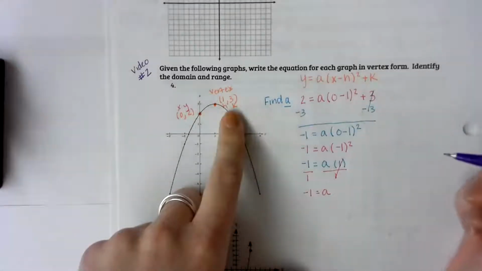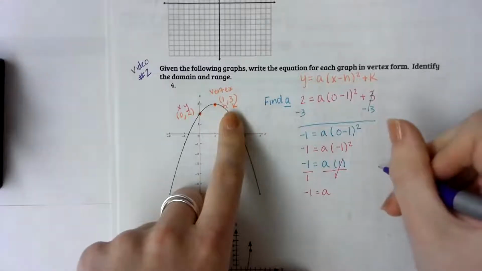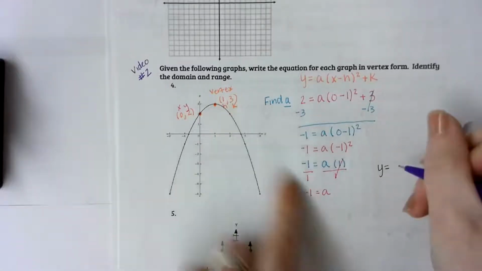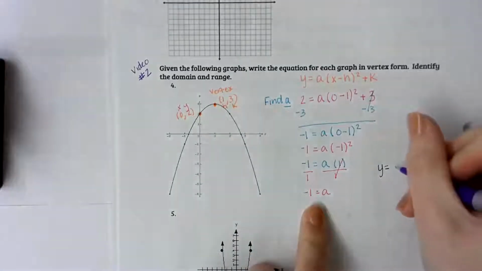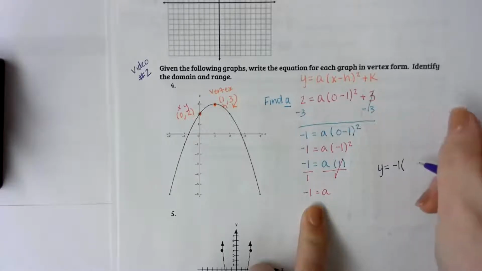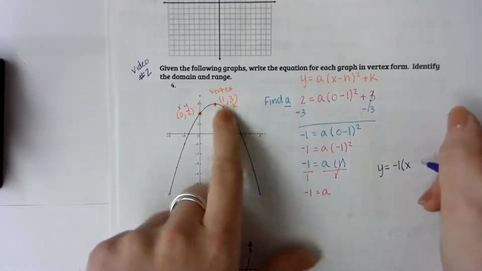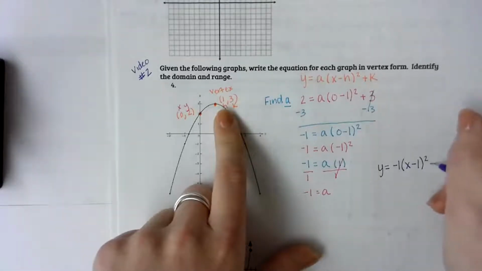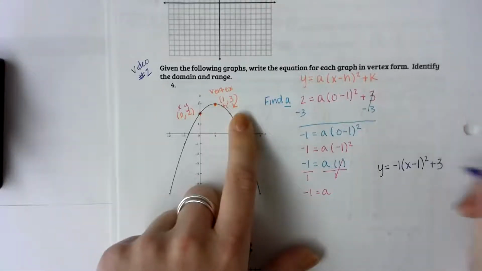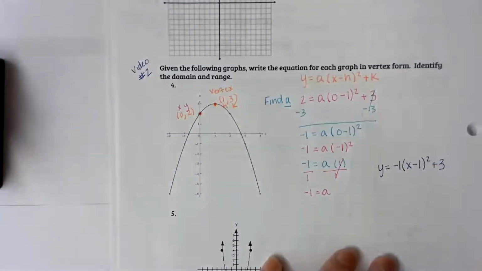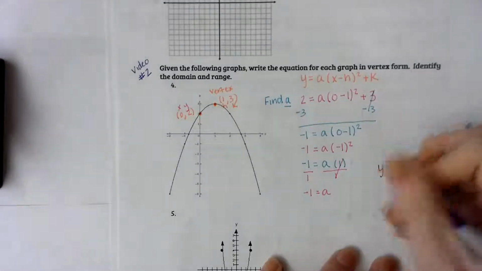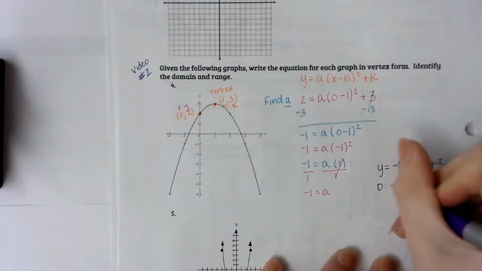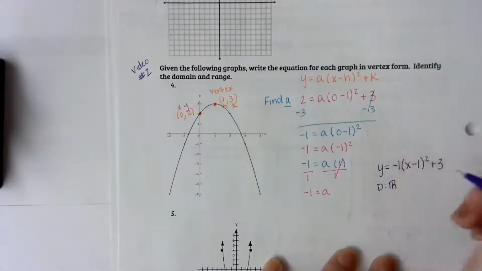Now you still are going to use your vertex. So y equals the a, so -1, times x minus h, so -1 squared, plus k, which was 3. And then they wanted our domain, which is always all real numbers.